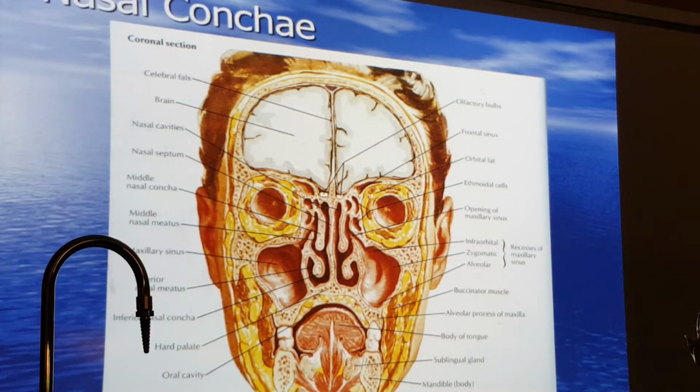So here's a coronal view a la Netter of what the nasal conchae look like. Inferior nasal conchae are separate bones. The middle nasal conchae are the next ones up, and the superior nasal conchae are further back. They're sort of retrograde back, so it wouldn't show up in this slice.